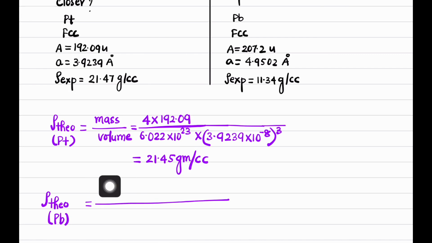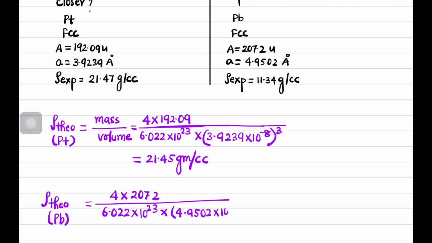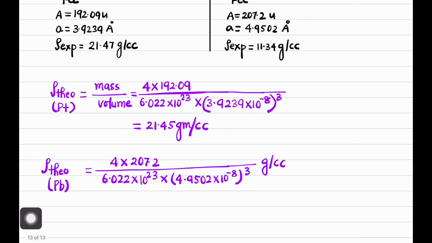It is the effective number of atoms into the atomic mass, that is 207.2 amu, divided by Avogadro number, which converts AMU to gram, divided by the cube of the edge length, 4.9502 into 10 raised to minus 8, whole cube. Now we have to just solve it, and we get the result in gram per cc.